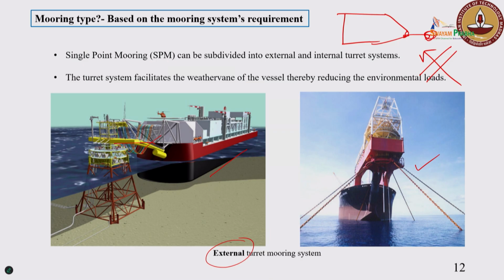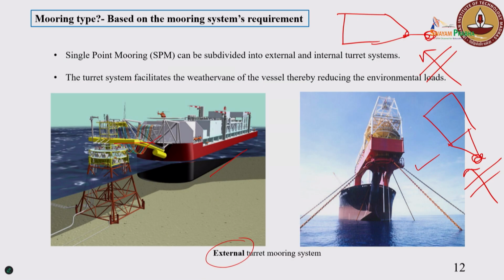This will slowly align its position, right. In the direction of your wind and wave, it will align itself. It doesn't need to take all the load, it can bypass it, leave it aside. This is what we call weather vaning. This single point mooring is much preferred for ship shaped vessels, right.